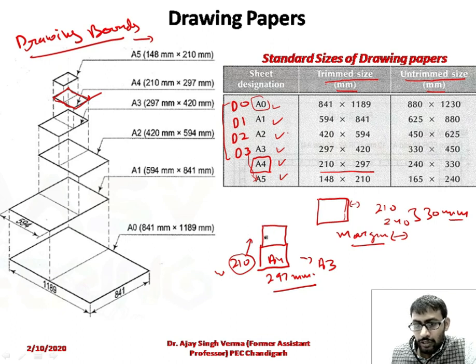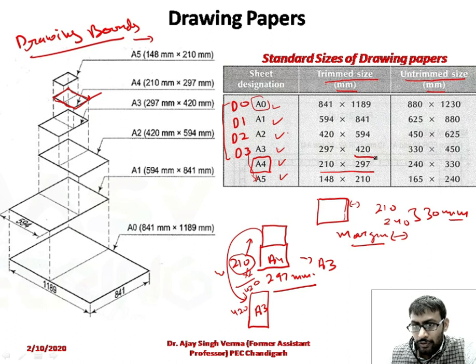I'm plotting it in a different way. This is A3. I plotted this dimension here. So for A3, the width of the A4 will become the width of the A3, and the length will be twice. It means 420 mm will be the length. We can cross verify with your A3 sheet.